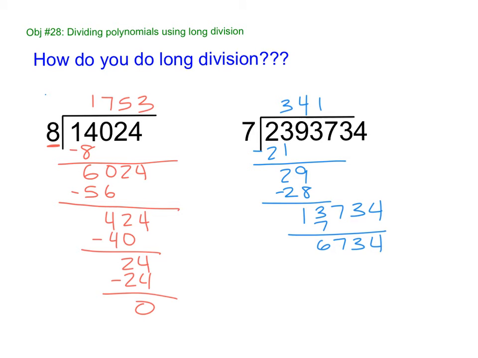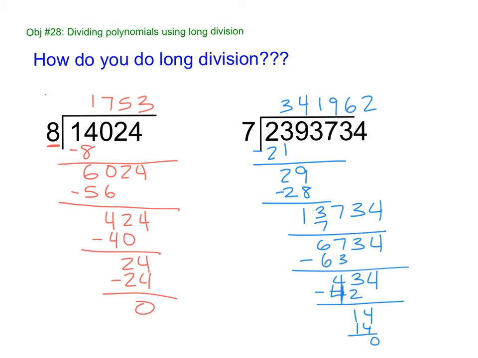Subtract. 7 goes into 67 9 times. Multiply, subtract. 7 goes into 42 6 times. Multiply, subtract. All right, so keep in mind, how do I figure out how many times 8 goes into 14?